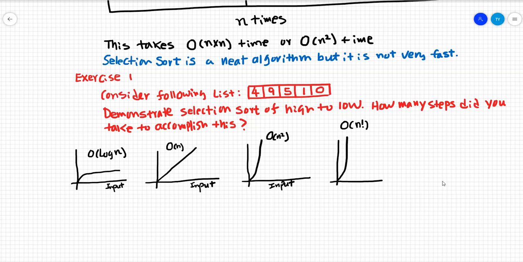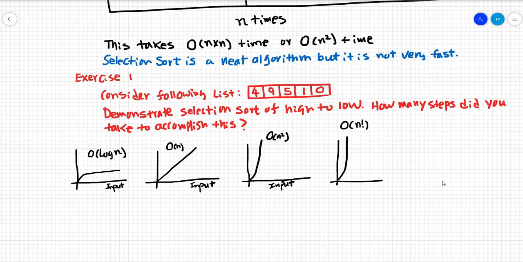So now what we're going to do is go through some of the other different types of sorting algorithms. Sorting is a very big thing in computer science.